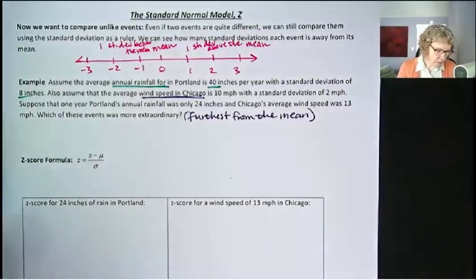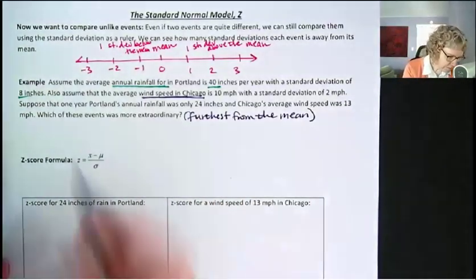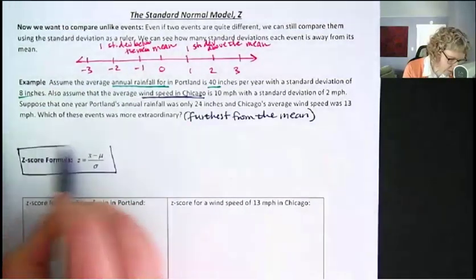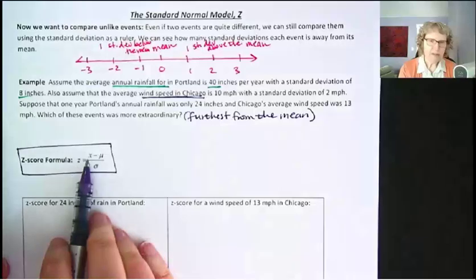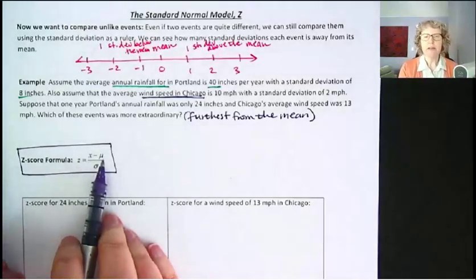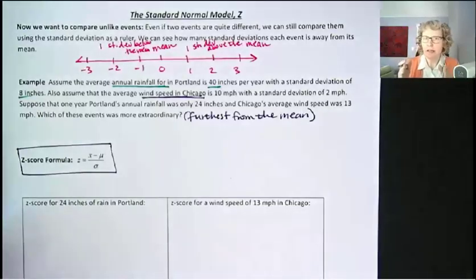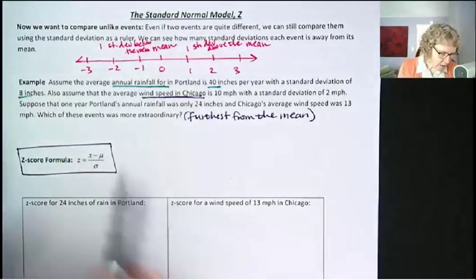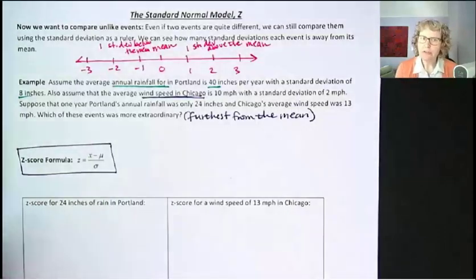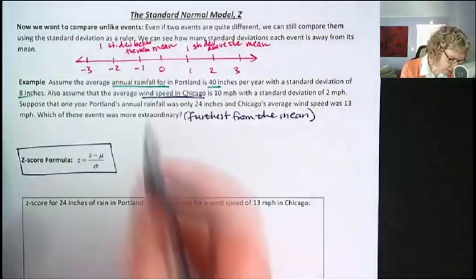Okay, so we have this formula for a z-score. What we do is we take whatever value we're given and we subtract the mean. So that tells us how far away from the mean a particular value is. And then when we divide by the standard deviation, that tells us how many standard deviations away that is. Okay, so let me write that down here.